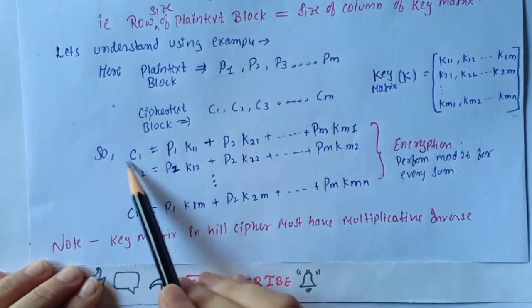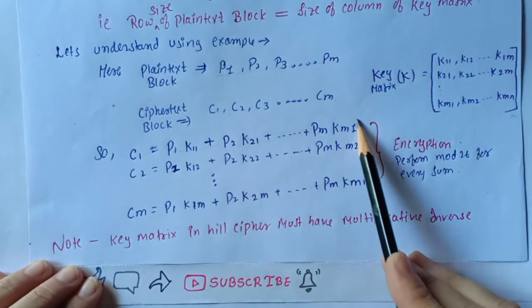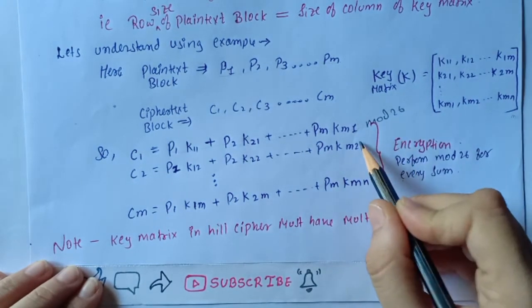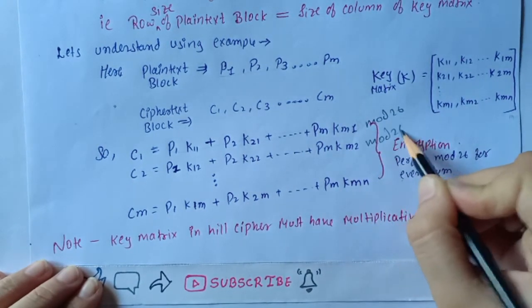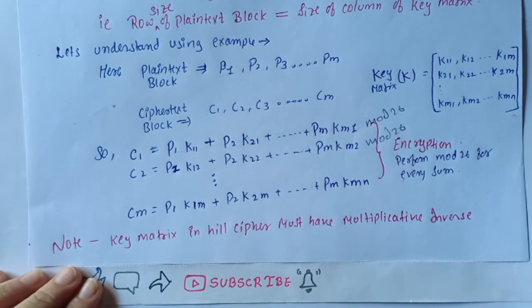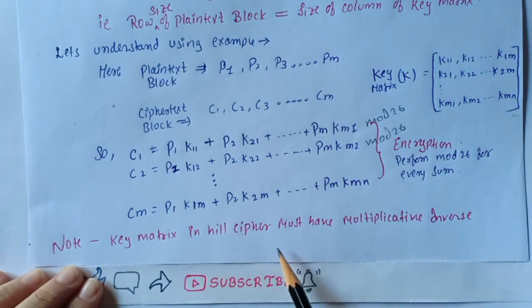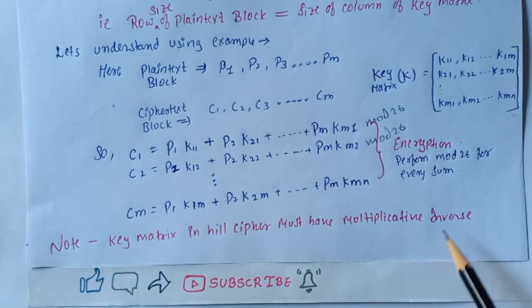So for C1, after doing this, we will take mod 26. Here also we will take mod 26. Also note that the key matrix in Hill cipher must have a multiplicative inverse. Only then can we use that matrix as our key matrix.